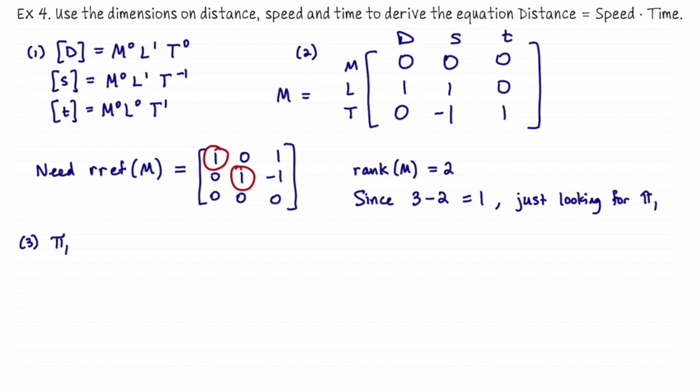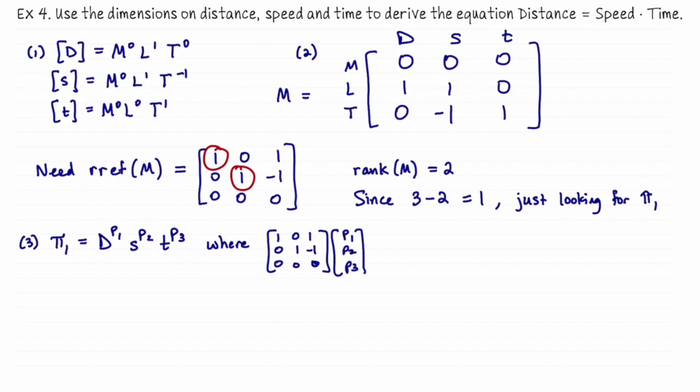So pi 1 is d to p1, s to p2, t to p3. And then what p1, p2, p3 satisfy is that the second matrix we wrote down times the vector p1, p2, p3, where we just do matrix multiplication, needs to equal 0.